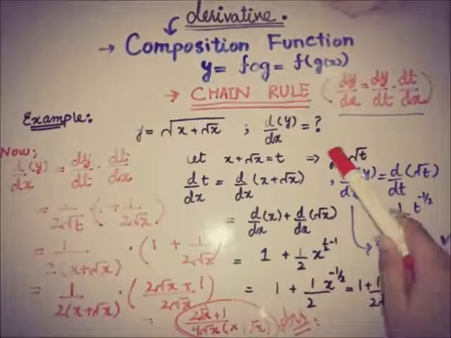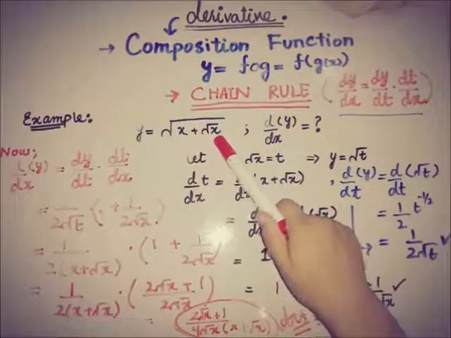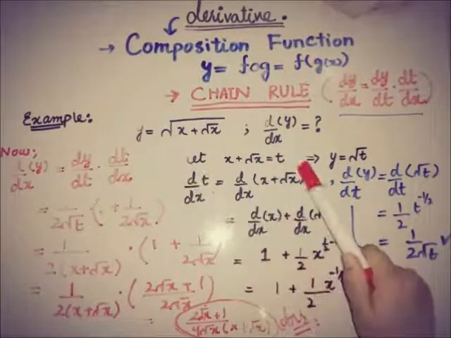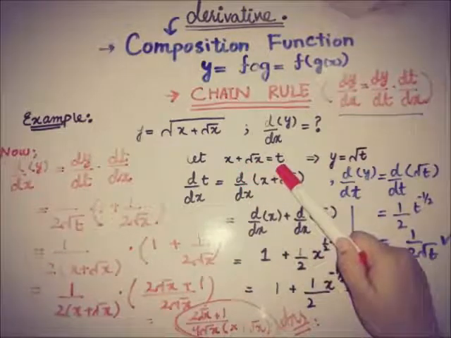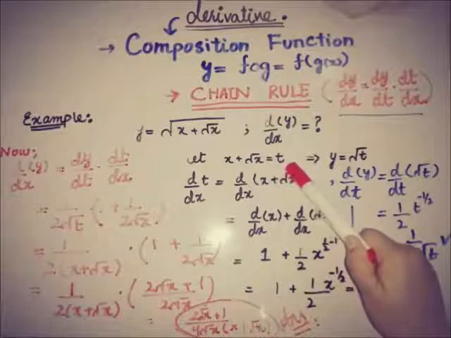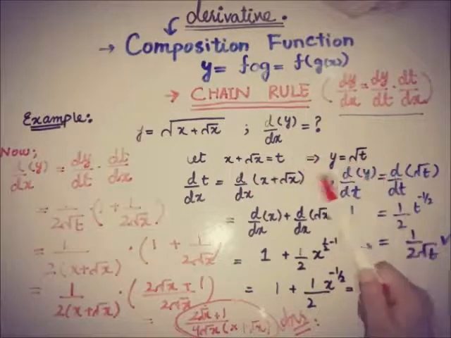So the function was this: y is equal to the square root of x plus square root of x, and we let this thing equal to some other variable. Here we can use any other variable.